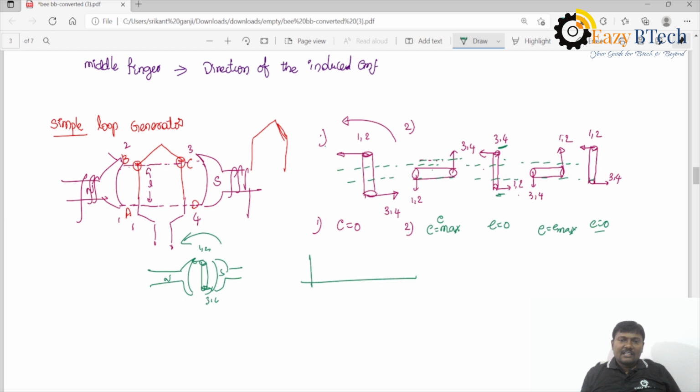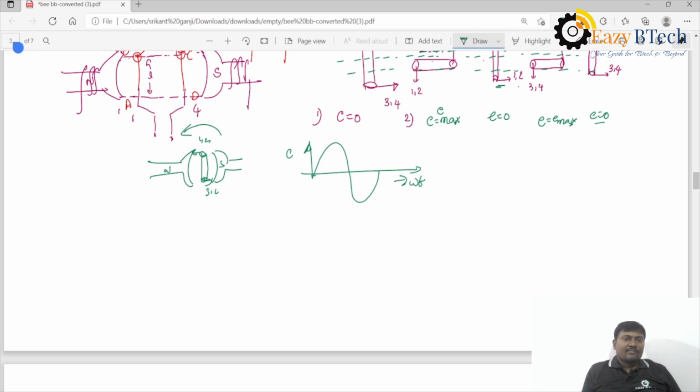So again it will generate the sinusoidal waveform. So E is equal to BLV sine theta, and BLV can be written as E max, where theta is represented as omega t, where omega is called the angular frequency.